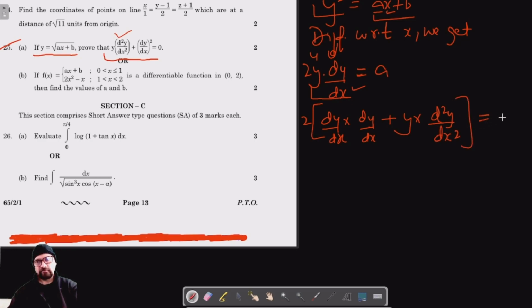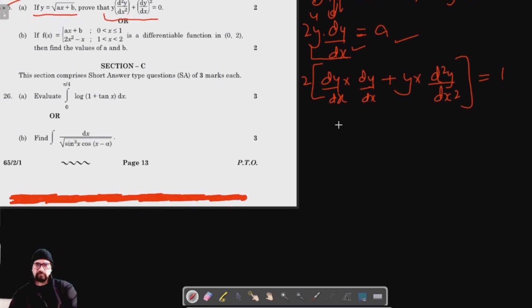So this is the second order derivative, and the differentiation of a constant is 0. So this is 0.